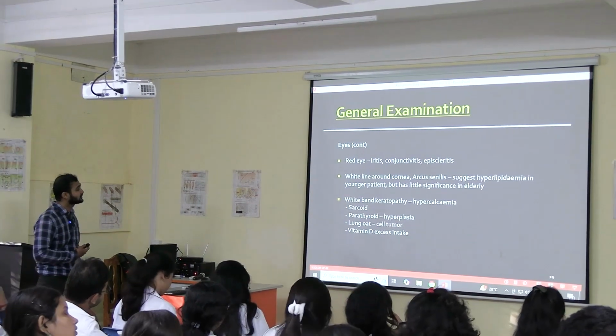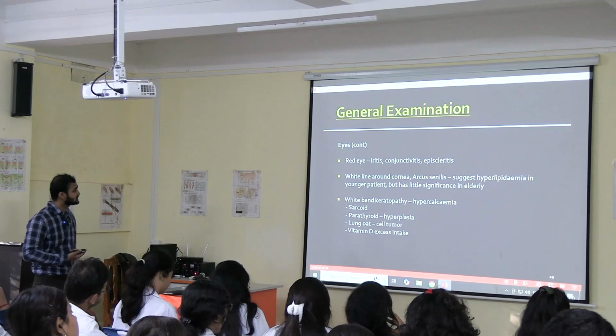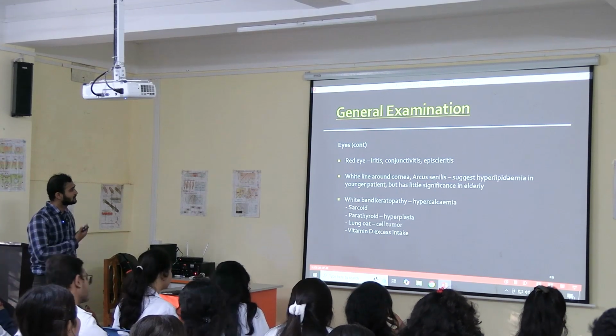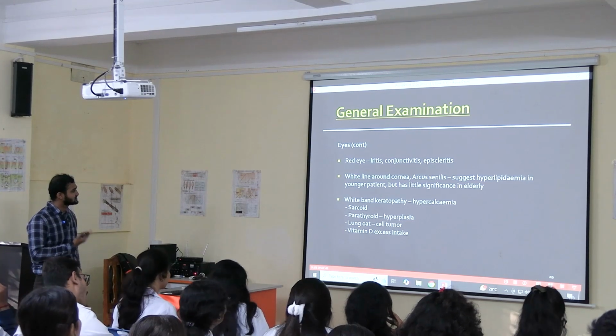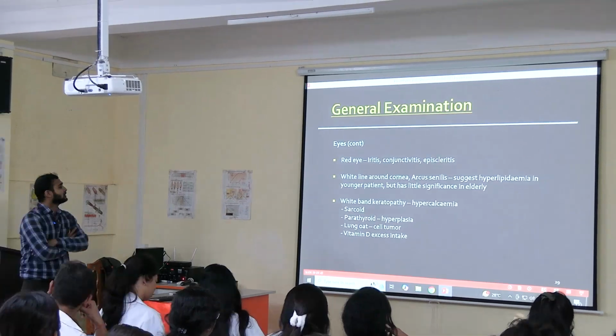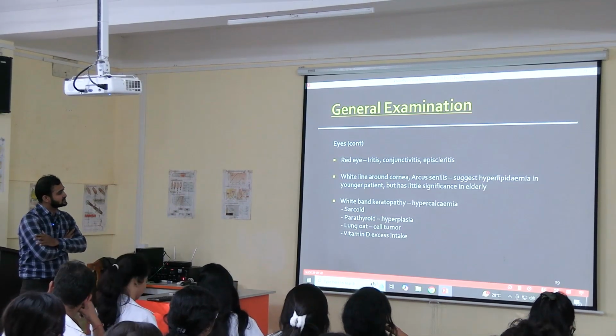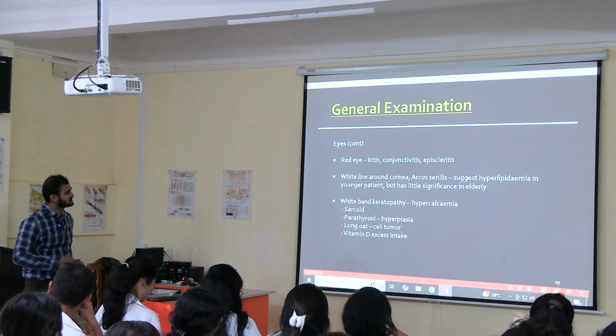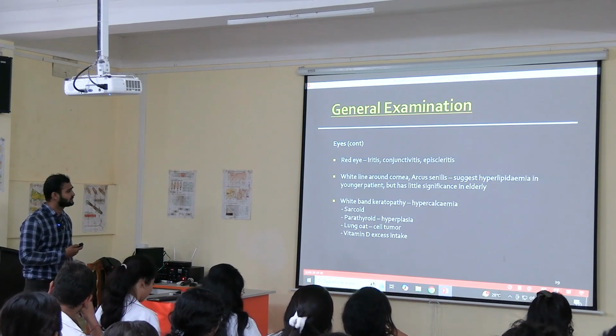Okay. So if the conjunctiva is inflamed, this can be a condition known as conjunctivitis or iritis or episcleritis. So we will see this. So in younger patients, mainly we will see this arcus senilis, and it has little significance in elderly patients.